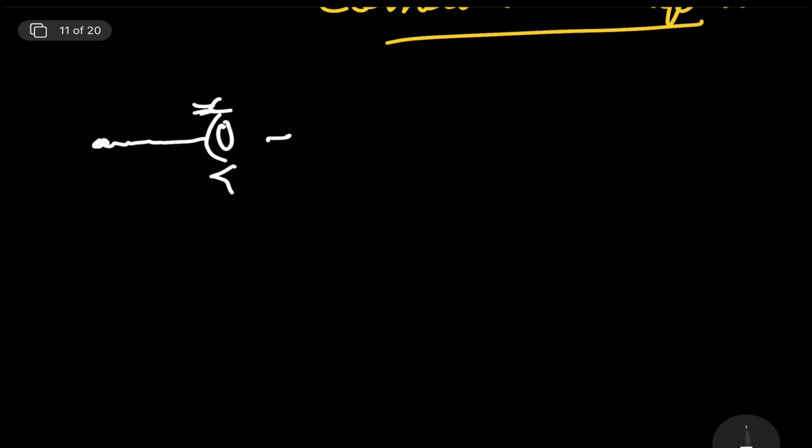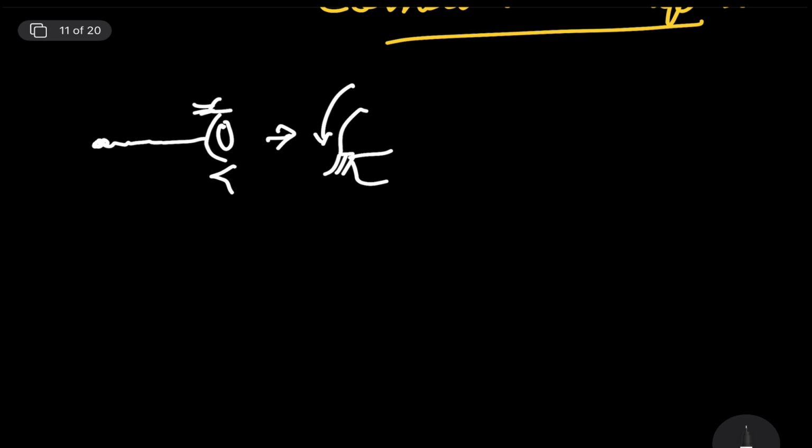What happens is the patient will blink. So this is the corneal blink reflex.